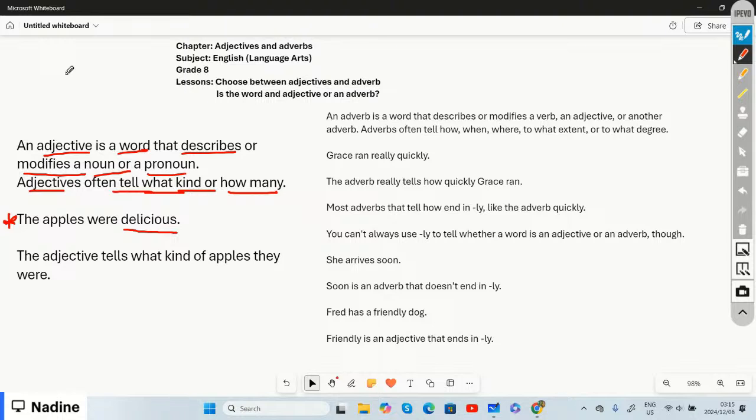So now, how many apples did you eat? 5. And 5 is the word that tells us how many apples you ate. And that is an adjective. It's words that either describe the noun or modify the noun or the pronoun.